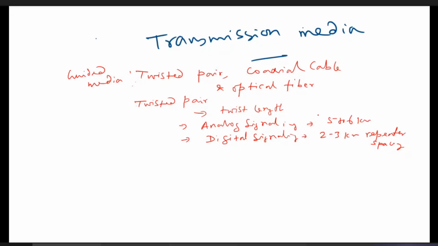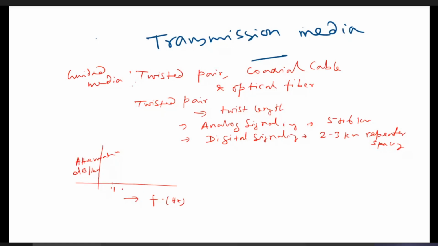And if you see the frequency characteristics, this is attenuation. It is generally in dB per kilometer, and frequency is in hertz.